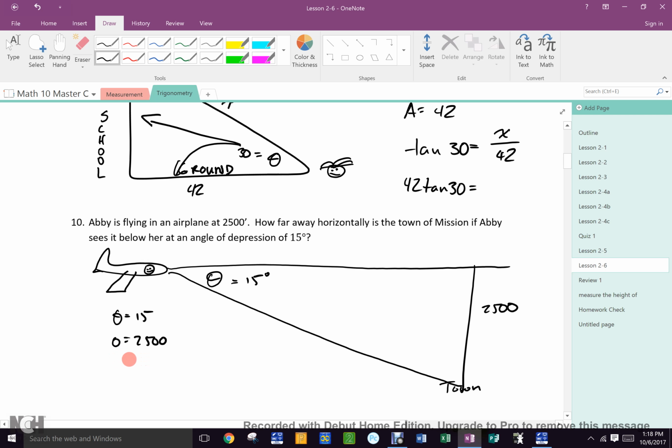What do I need? Read the question. How far away horizontally? So do I need A or H? A. That's what I don't know. Then I write it out. Tan 15 equals O, 2,500 over A. What do I do with the letters on the bottom? Divide 2,500 divided by tan 15.